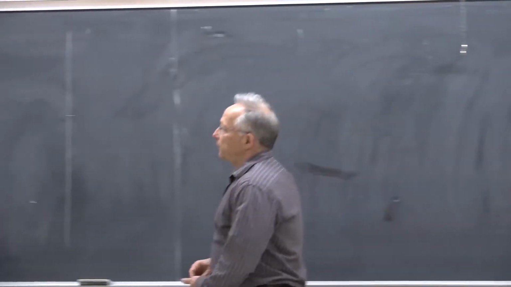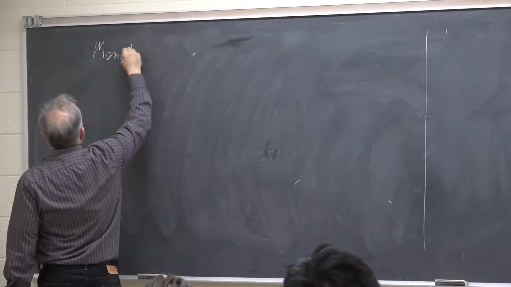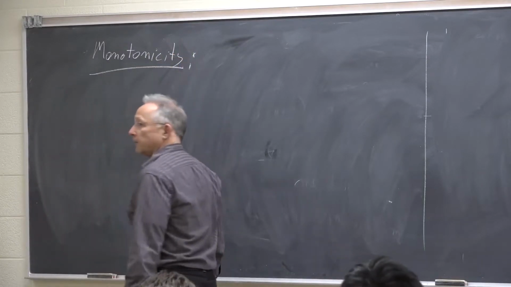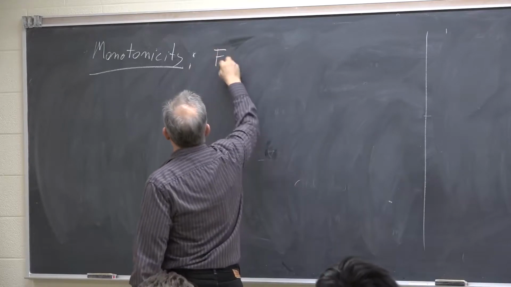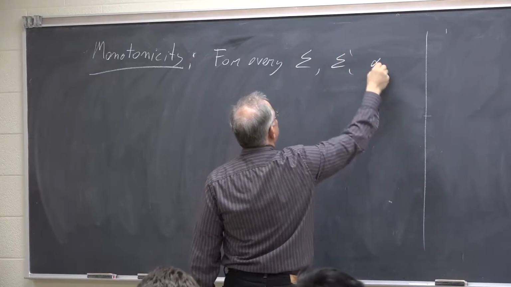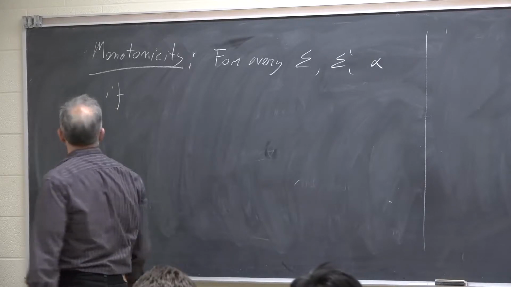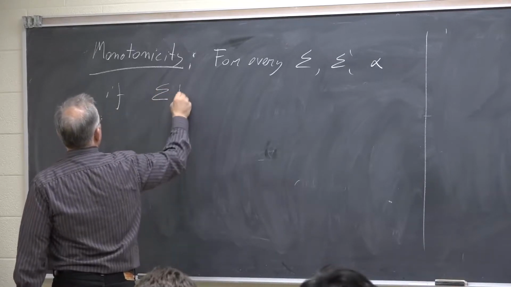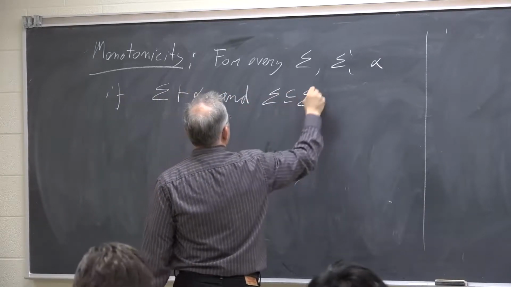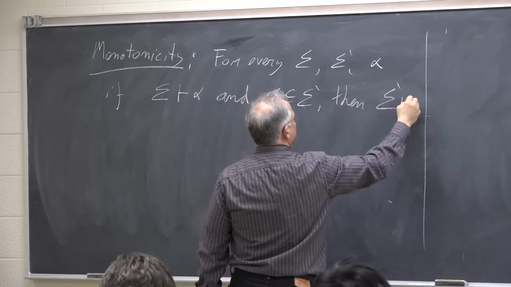Good. So the next property is called monotonicity. Monotonicity says that for every sigma, sigma prime, and alpha, if sigma can prove alpha and sigma is a subset of sigma prime, then sigma prime can also prove alpha.